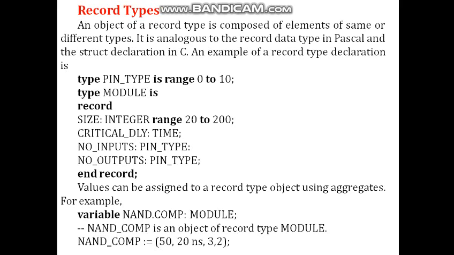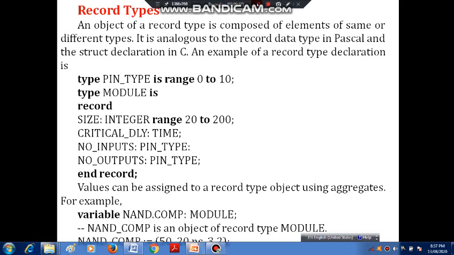Likewise, a value can be assigned to a record type object from another record type object of the same type using a single assignment statement. In the following example, each element of the NAND generic is assigned the value of the corresponding element of nand_comp. In this way, the record type is used.